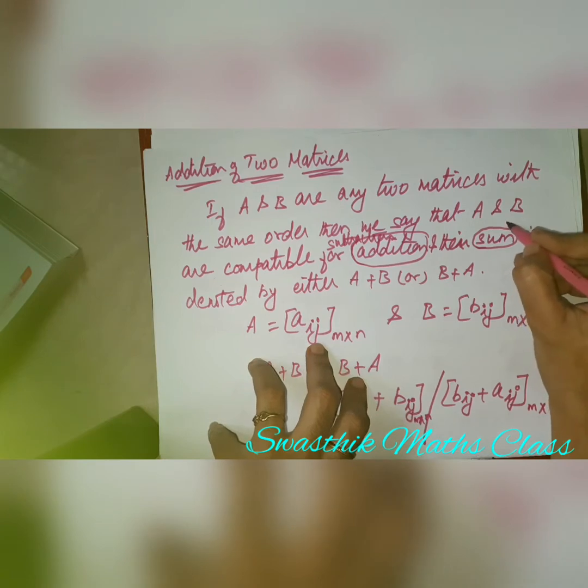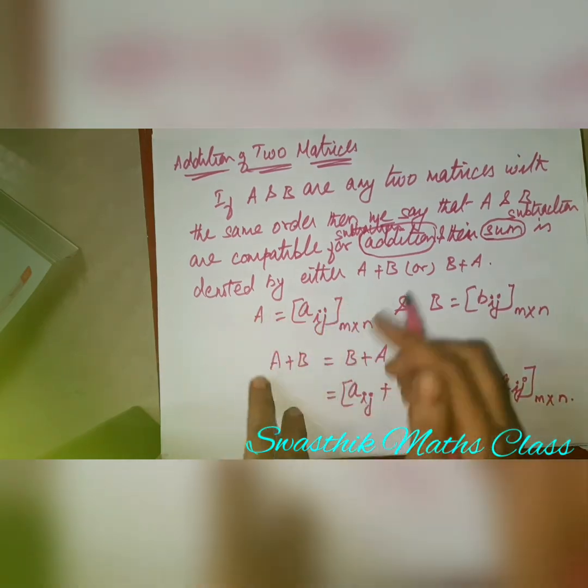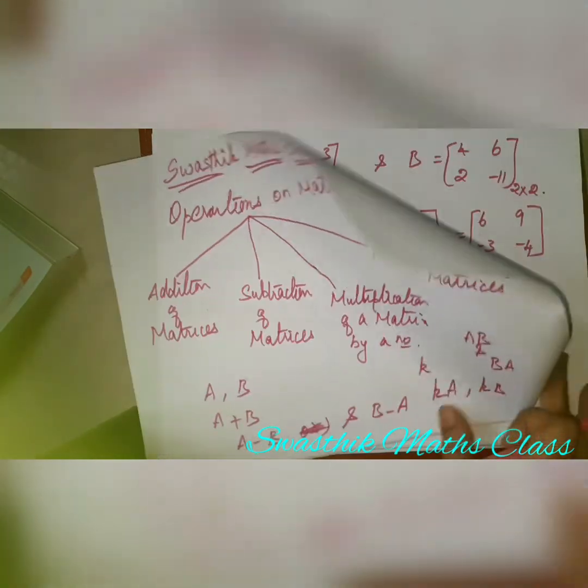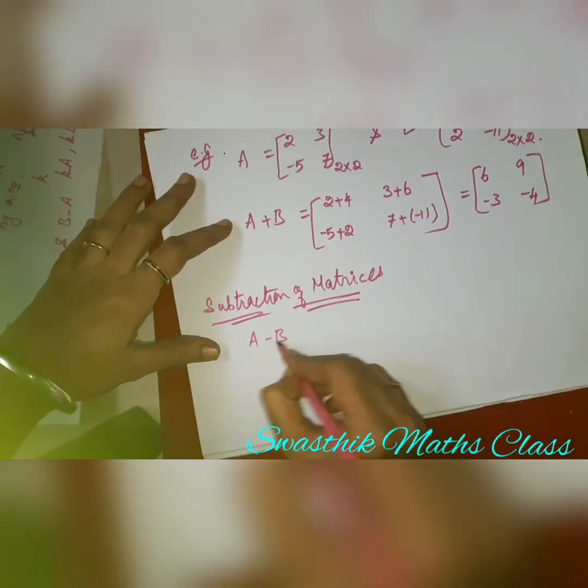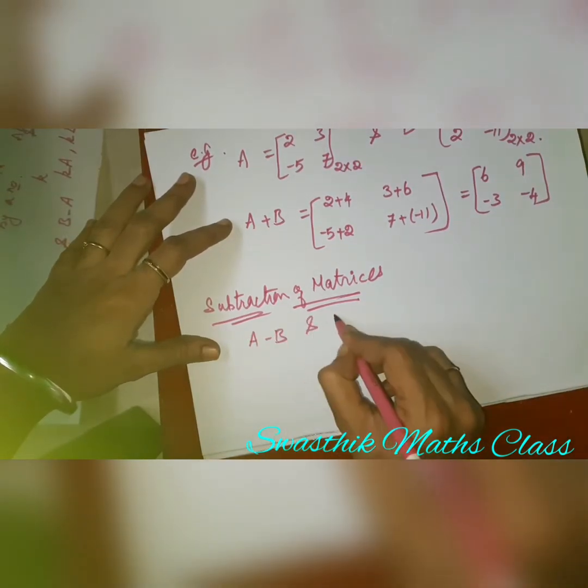Replace this addition by subtraction, and the result is denoted by A minus B and B minus A.